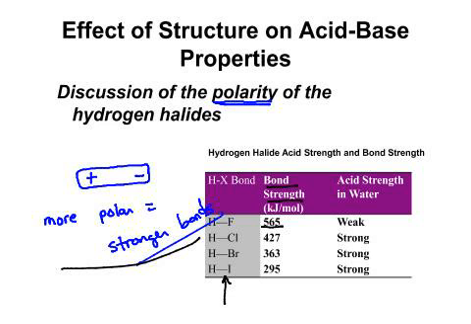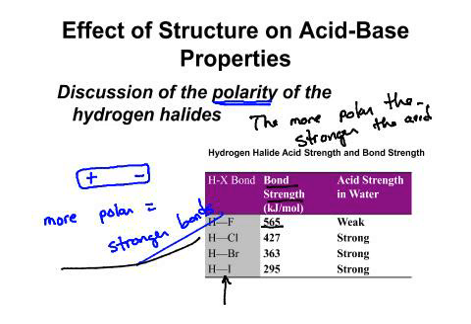An interesting thing that you need to think about is that the more polar, let's write this too, the stronger the acid, because there are more chances for it to break apart.